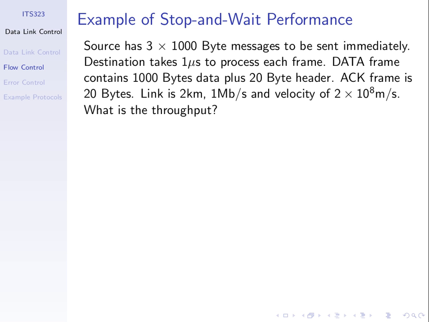Maybe it's easy, at the start, to calculate in this example what is the transmission delay of our data frame, what is the transmission delay of our header, of our ACK frame, and what is the link propagation delay. Calculate those. This is stuff that you were all successful in the midterm for calculating, transmission and propagation delay. Then start drawing the time sequence diagram.